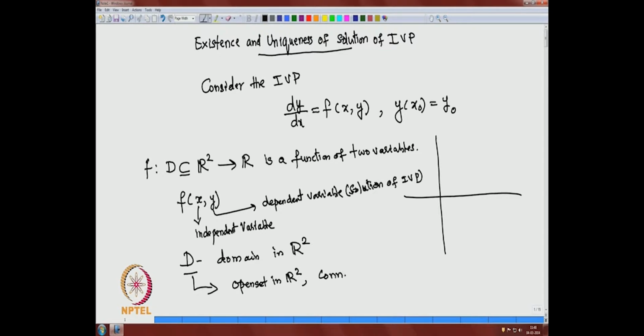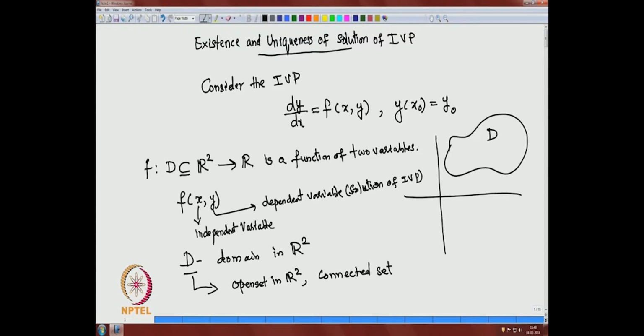It is a connected set. Any two given points in D can be joined by a continuous curve which is completely inside D. So, D is a domain in R2.